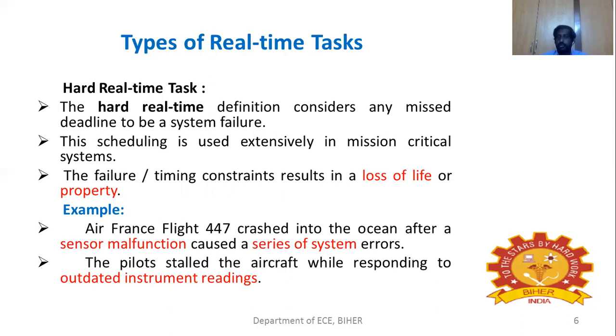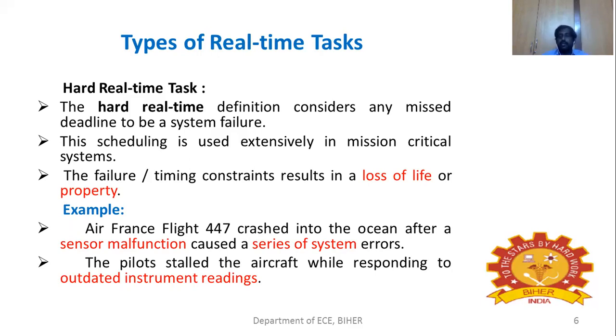This scheduling is used extensively in mission-critical systems, where failure and missed time constraints result in a loss of life or property. If the task is not finished within the deadline, it will create loss of life or property. Due to this reason, it is called a hard real-time task.